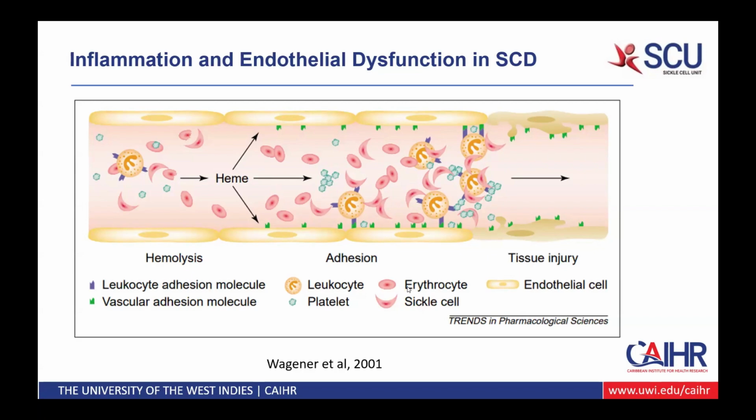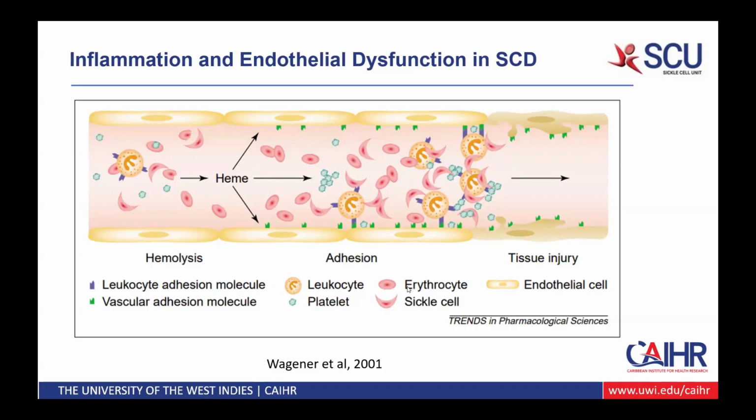In that process, you release different substances, for example heme that you're seeing here, and that will cause increased stickiness of the blood vessels.